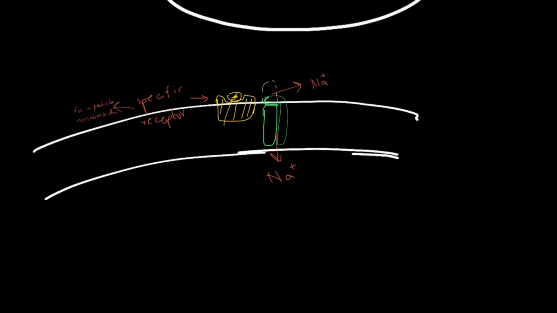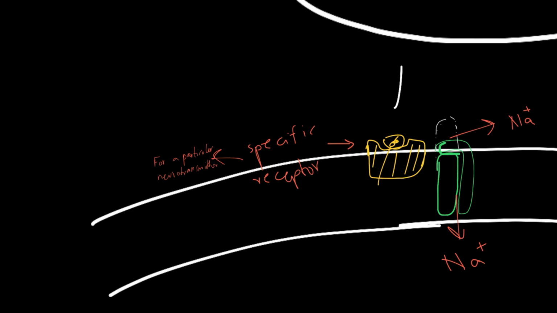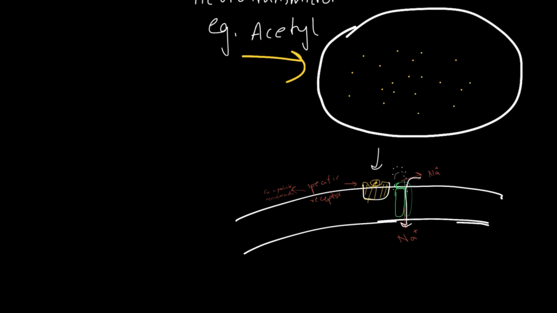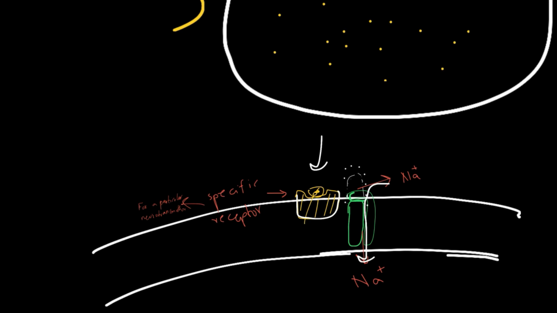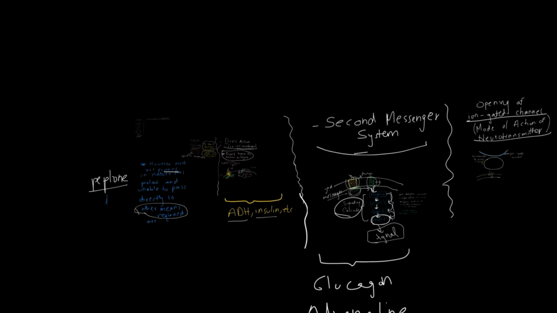Now this is the cell membrane, and acetyl is received right here in a specific receptor, and that helps open this gated channel right here and helps the sodium ion travel inside. So the specific neurotransmitter has a specific receptor, and that specific receptor helps to open the specific gated channel right here.